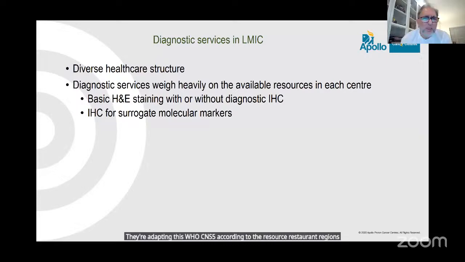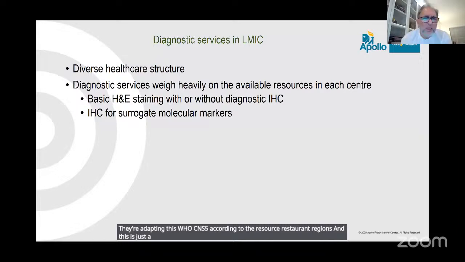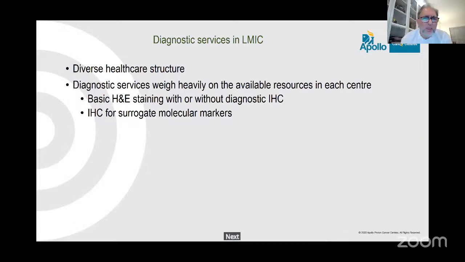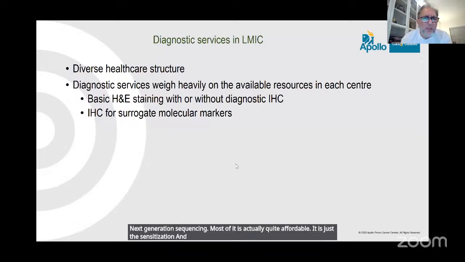This is just a snapshot, and I'm sure this presentation will be available to people. If you look at the markers and the pricing, except for DNA methylation and next generation sequencing, most of it is actually quite affordable. It is just the sensitization, and neurosurgeons play a pivotal role.